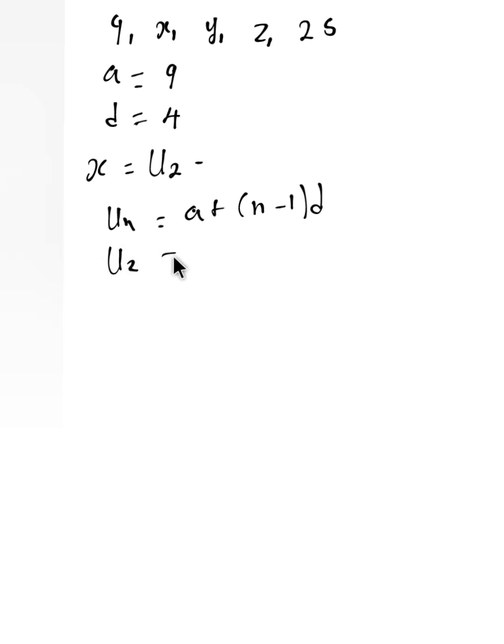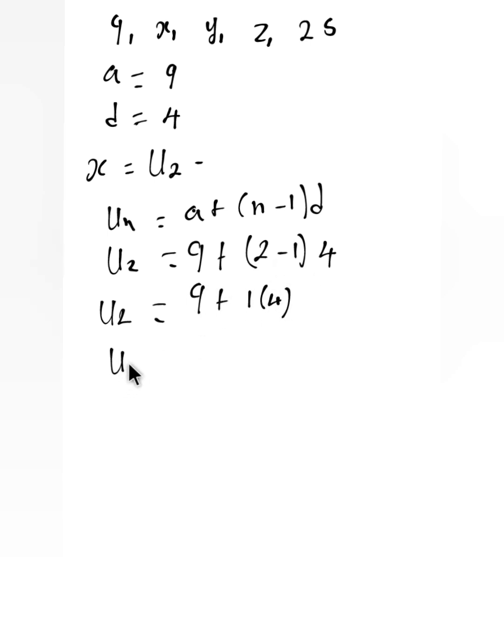So U2 is equal to a, which is 9, plus bracket n, and here it is 2 minus 1, d is 4. Your U2, which is x, is 9 plus 2 minus 1, which is 1, times 4. U2 is equal to 9 plus 4. U2 is equal to 13. Then x is equal to 13. So we found x, and x is 13.